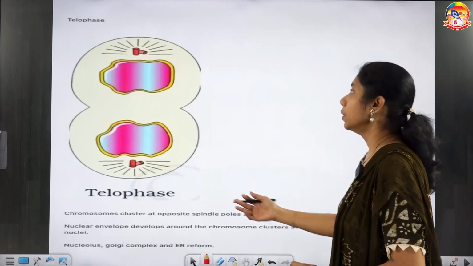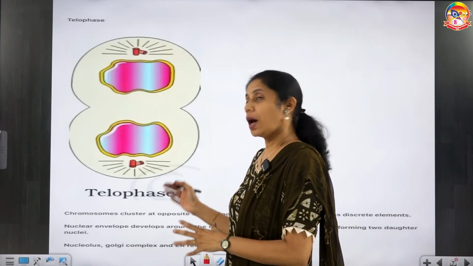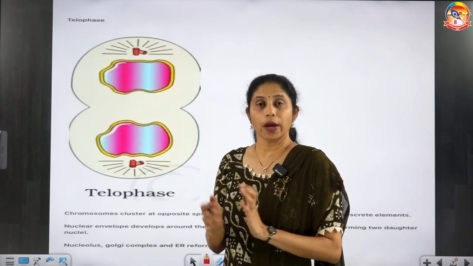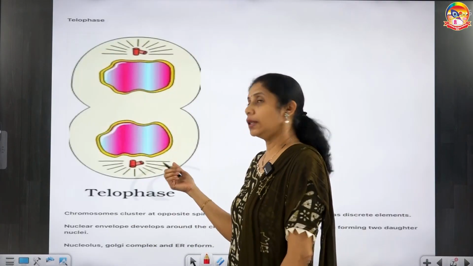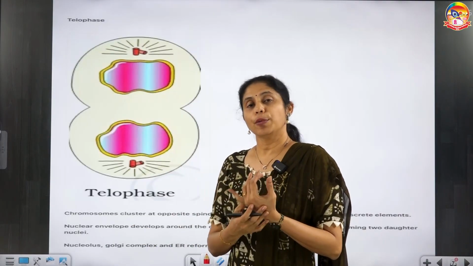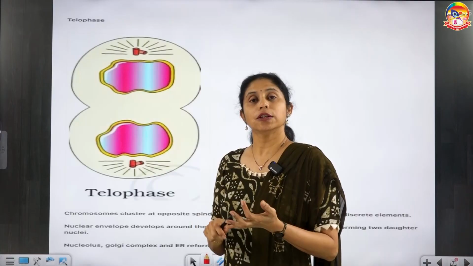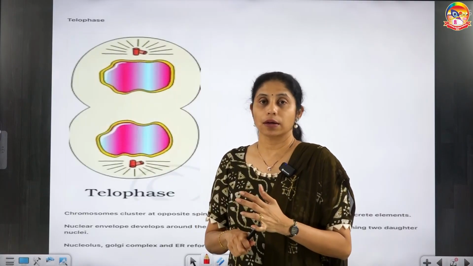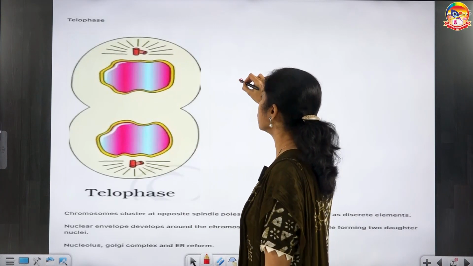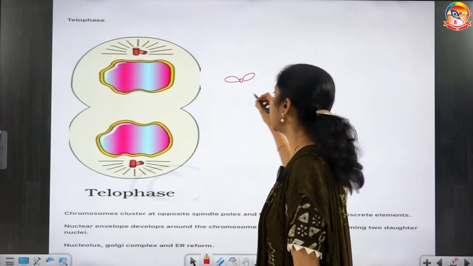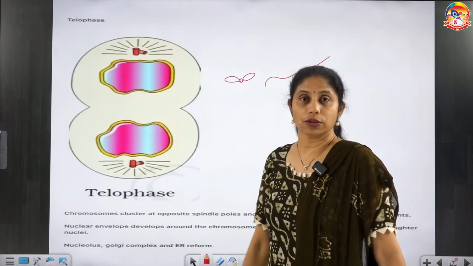The next one is telophase. This is the last stage of karyokinesis, where the events of prophase will be exactly opposite. In prophase you learnt that condensation of chromatin material occurs and chromosomes are formed. Here, the chromosomes which were formed will undergo decondensation.